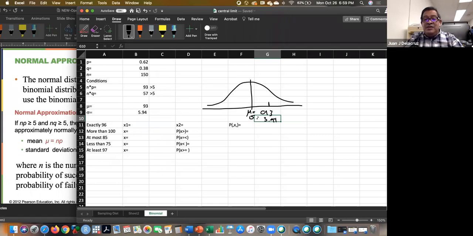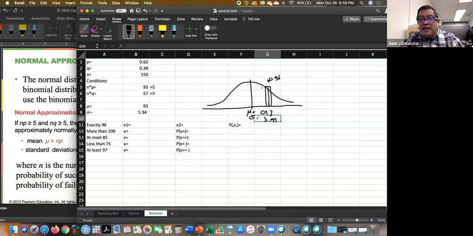96 is going to be somewhere in here. So my x here is going to be 96. What is the probability that the 96th person is going to say yes? In order to solve this, we are going to apply the continuity correction. We are going to build an area around my 96.